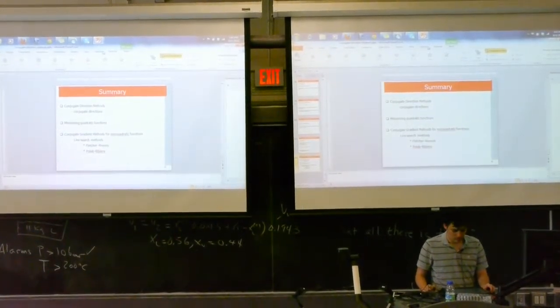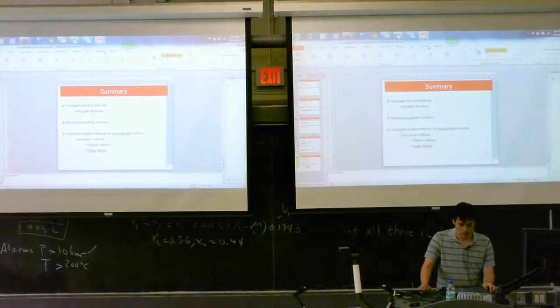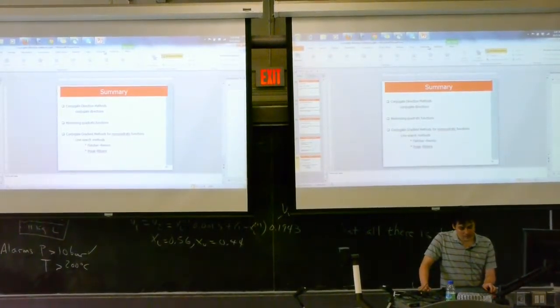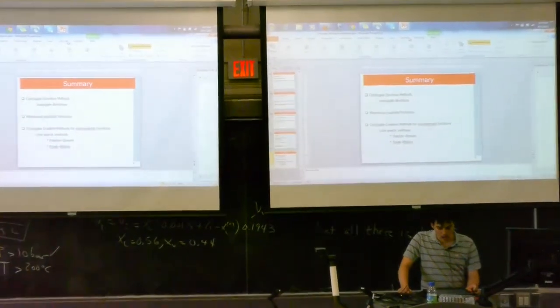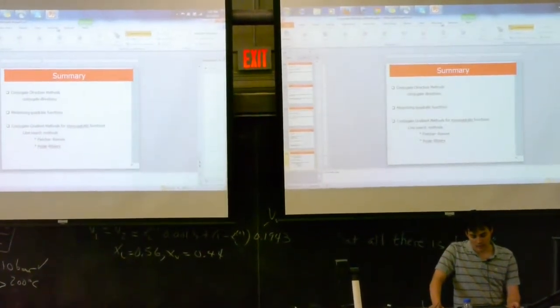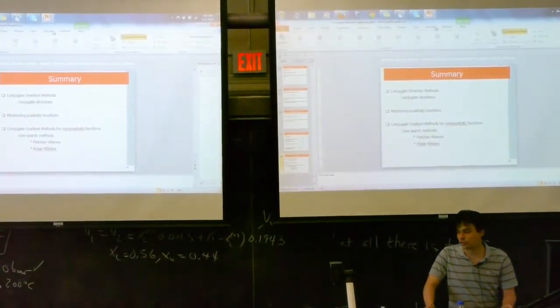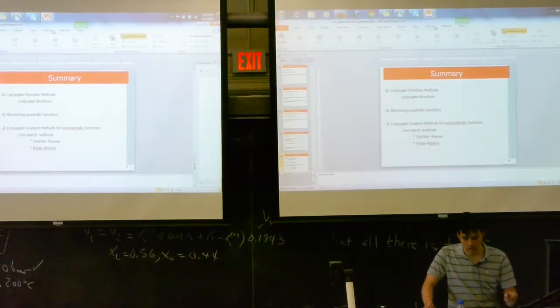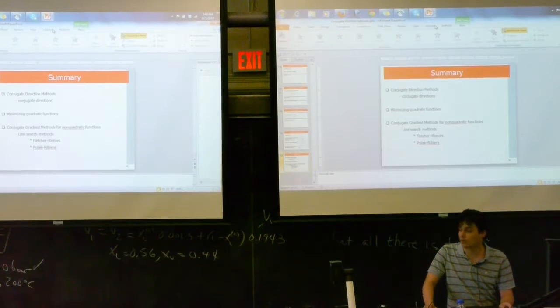And we discussed how to minimize non-quadratic functions using these methods. And we discussed a variant that used the Hessian. And we also discussed if we don't want to calculate the Hessian, but we are happy to use line search methods, then we can use conjugate gradient methods for that problem as well. And we discussed the Fletcher-Reeves and the Polak-Ribière methods.